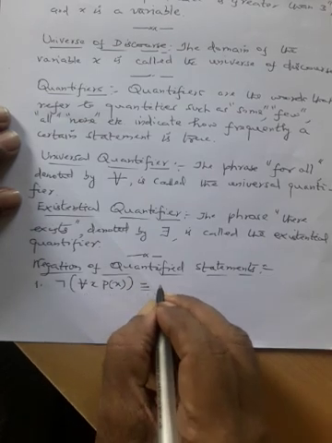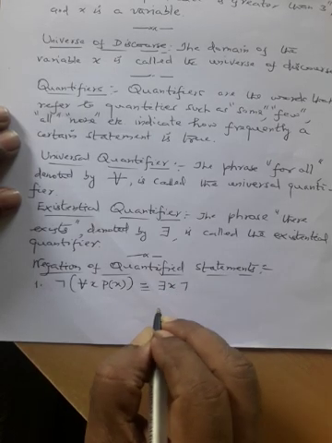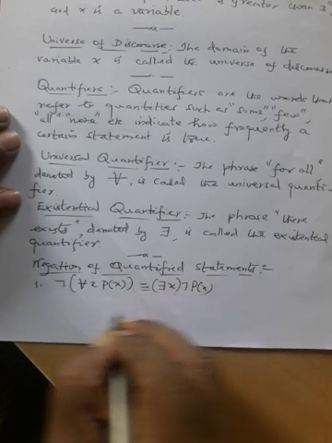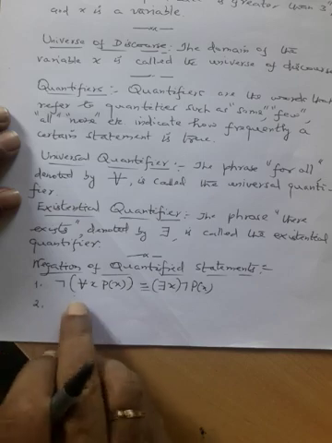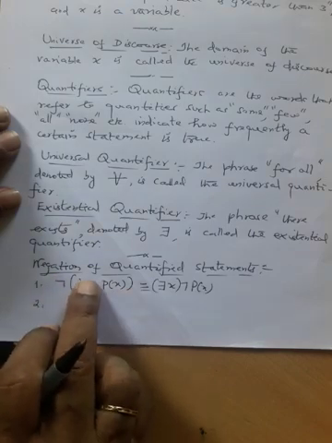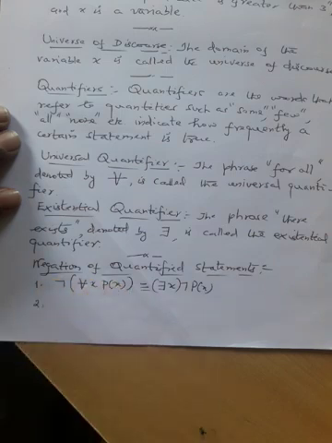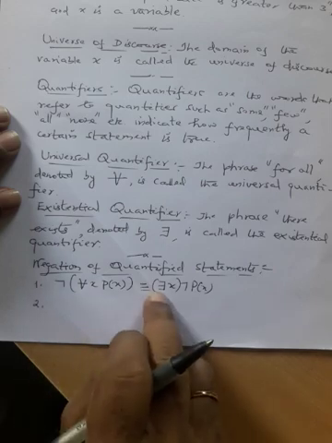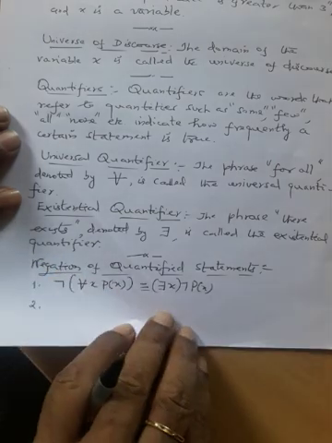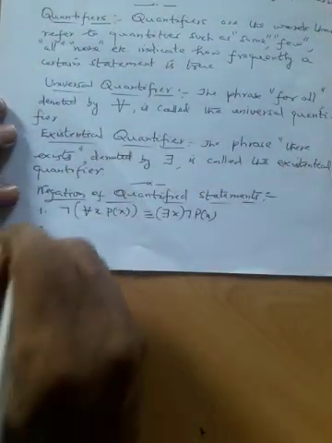So the negation is: there exists at least one student who failed to pass the exam. So for all x P of x means every student passes the exam. Negation of that is not that all students are failing, but there exists at least one student who fails the exam. Negation of P of x: x fails the exam.